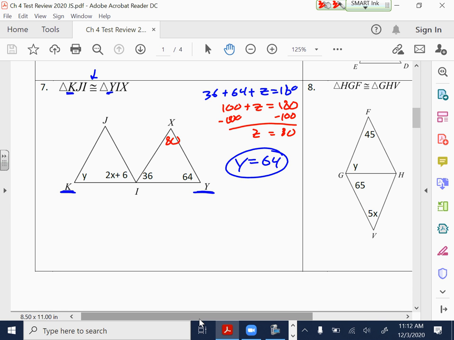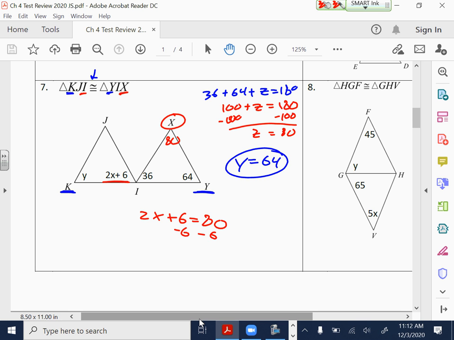Then the next one we have this angle I in this triangle, because there's I in both of them, is congruent to the X in this one. So that's where we have 2X plus 6 is equal to 80.